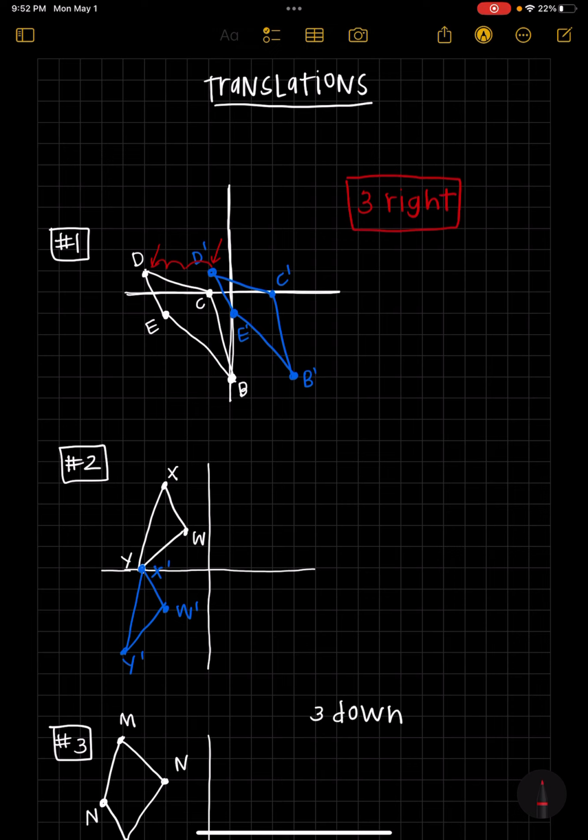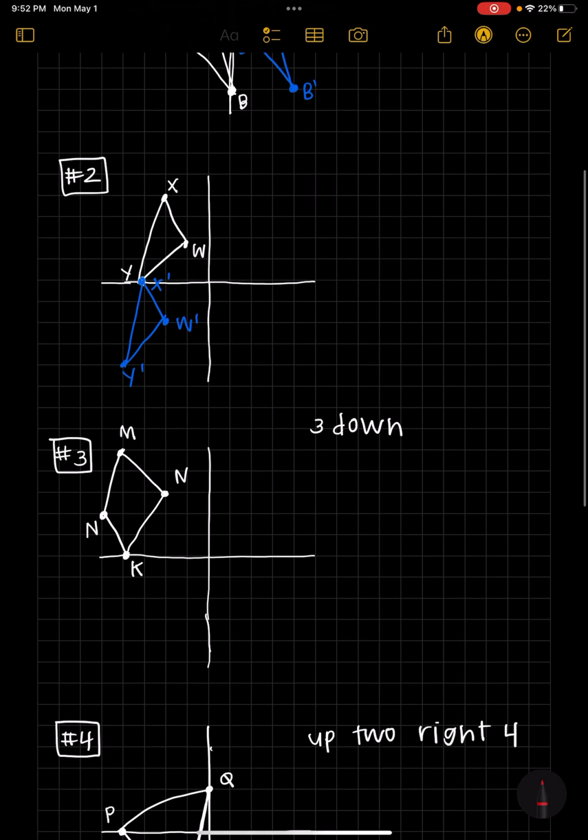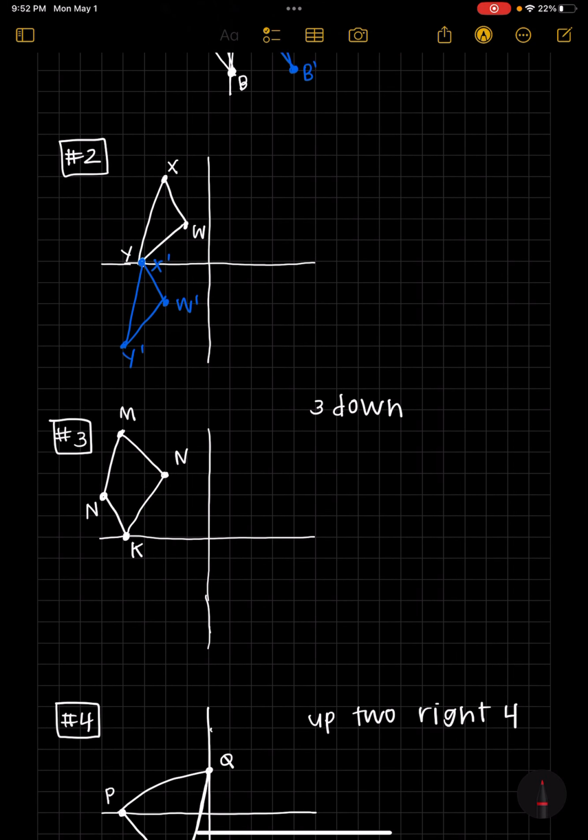Okay, now let's do that same thing for number 2. Again, we're going from the white shape to the blue shape. And once again, the shapes don't necessarily change, they just get shifted. So what one point does, the entire shape does, so we only have to consider what one point is doing. I'm going to look at point W. We're going from this point to this point, and this time, instead of just going up, down, left, or right, it goes down and to the left.